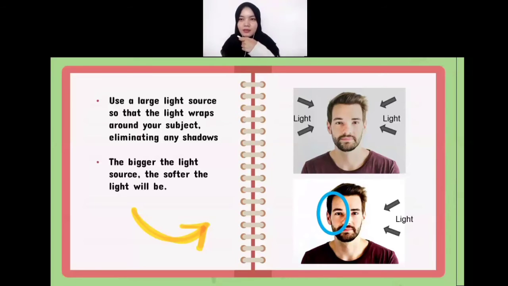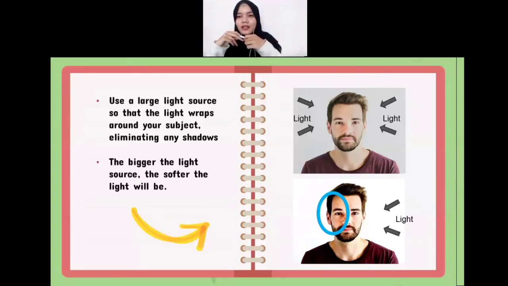Okay. For flat lighting, they use a large light source so that the light wraps around the subject, eliminating any shadows. In the first picture, there are two sources of light, from the left and right side of his face, whereas in the second picture, there is only one source of light, on the right side of his face. So the first picture tends to be clearer, and there is no shadow or highlight on the face if you look at it properly.